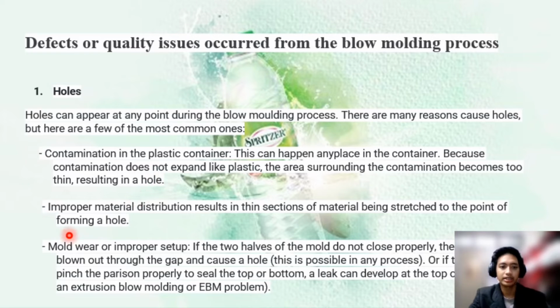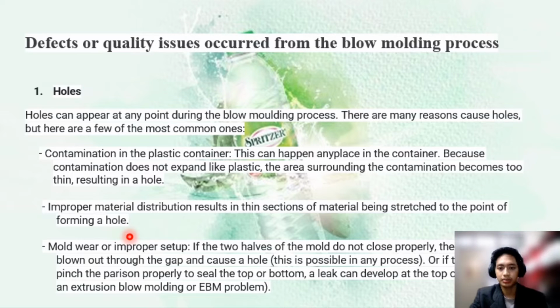The second one is improper material distribution, resulting in thin sections of the material being stretched to the point of forming a hole. And the last one is mold wear or improper setup. If the two halves of the mold do not close properly, the air blows out through the gap and causes the hole.